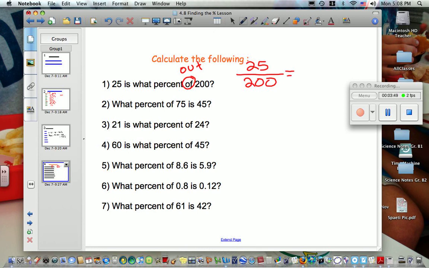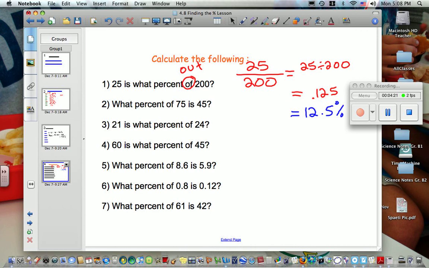In your calculator, you take 25 and divide it by 200. And it comes up with a decimal of 0.125. And according to our very first page, we know that as a decimal, 0.125 is equal to 12.5%. Quite easy.